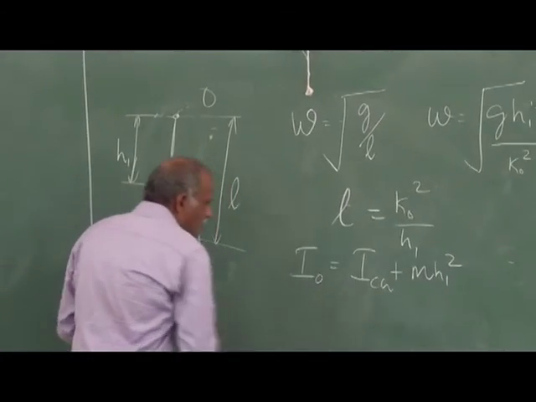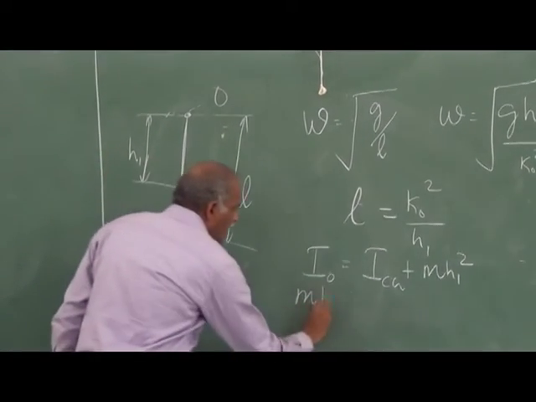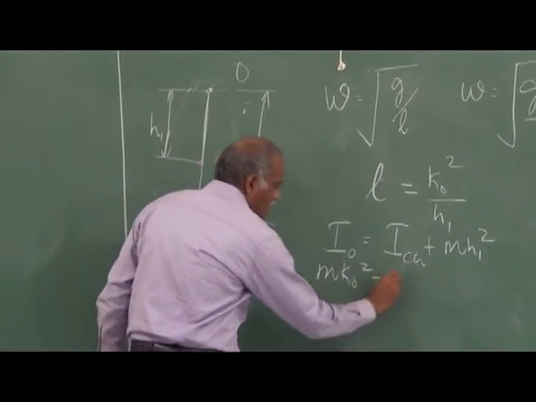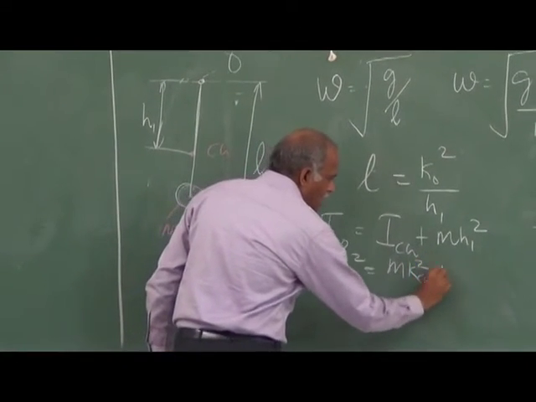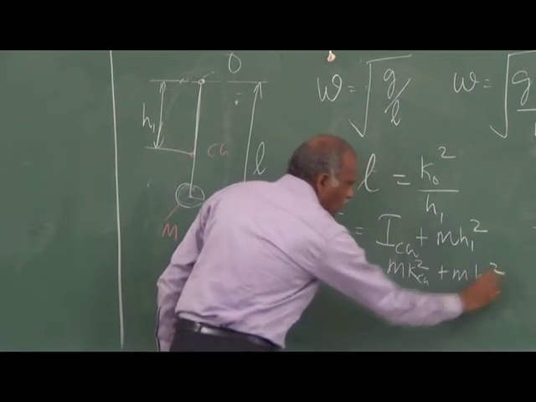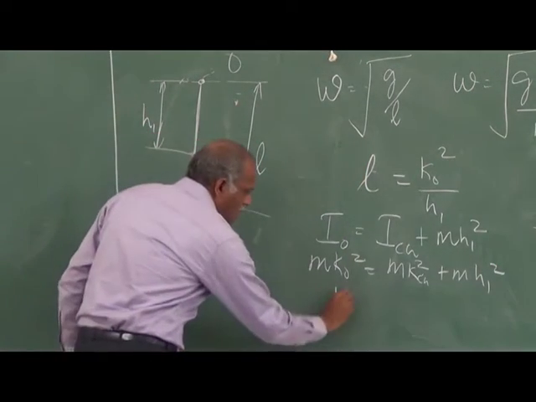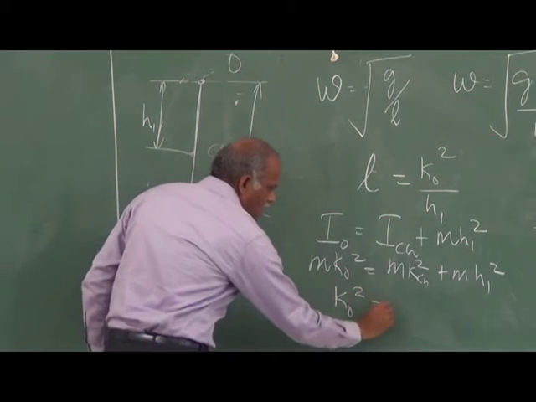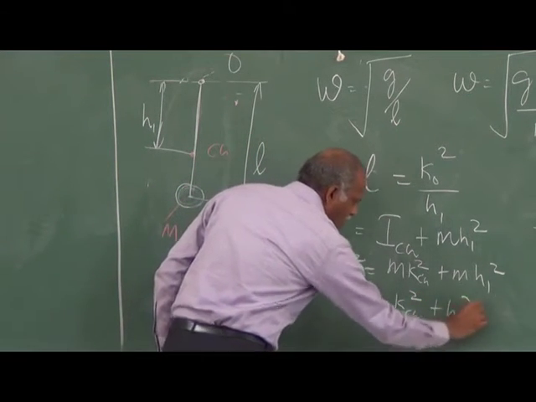Now this will yield m into K0 square equal to m into KCG square plus m H1 square. So K0 square is equal to KCG square plus H1 square.